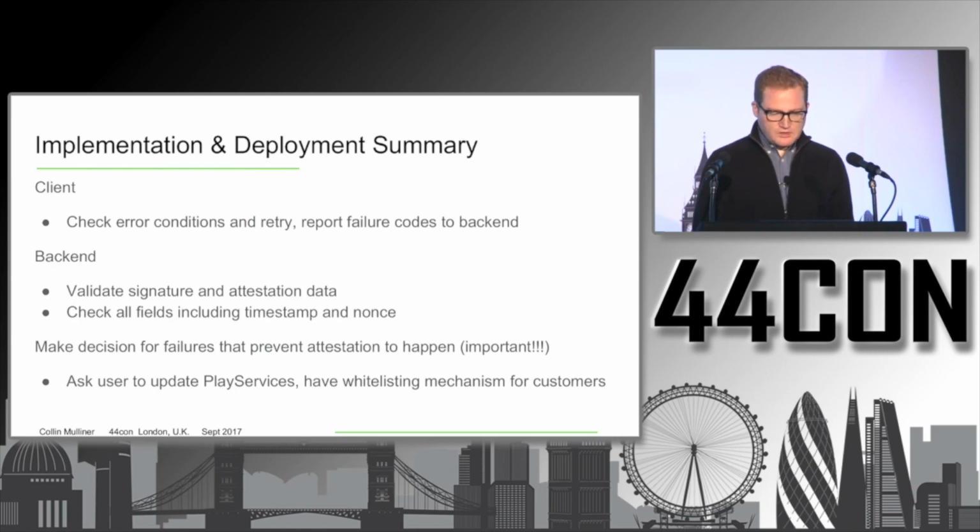So, a short intermediate summary. Basically, on the client side, you have to check some error conditions and do retries, and report all your failures to your backend. Your backend has to validate the signatures, check the attestation states, and check all the fields and timestamps. In addition to making sure your nonce is correct, you can also look at the timestamp, because the timestamp doesn't come from your device, it comes from Google.